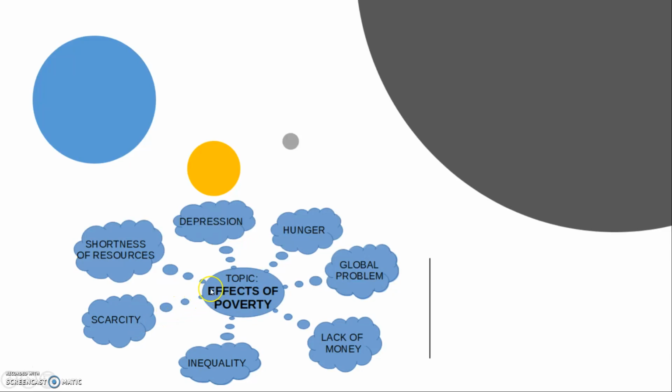And at the end, the more I think about it, I keep adding shortness of resources and depression. And I'm done. This is my initial brainstorming process. I just wrote down words that I associate with the topic effects of poverty.